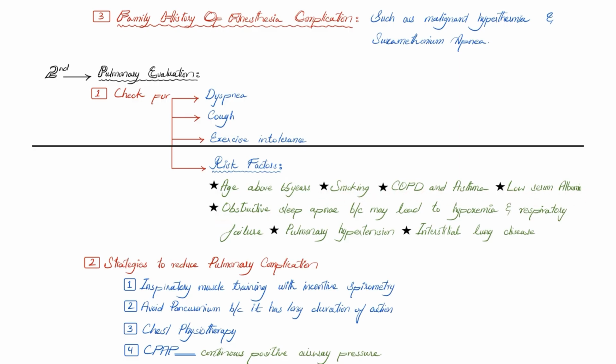Low serum albumin is important because it may lead to pulmonary edema. Obstructive sleep apnea, because it may lead to hypoxemia and respiratory failure. Pulmonary hypertension and interstitial lung disease. In interstitial lung disease, the lungs do not expand, due to which the tidal volume is reduced, and this leads to hypoxia.